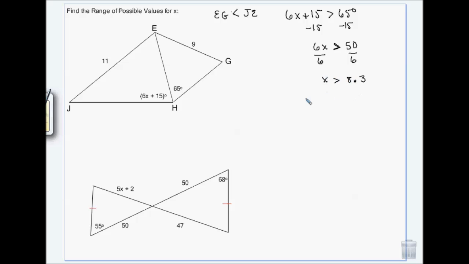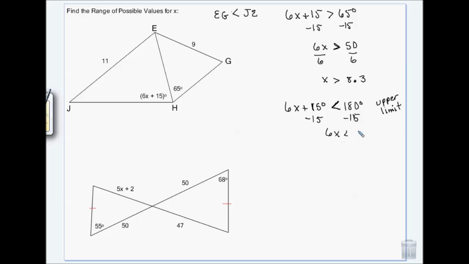That's what x is greater than, but we also have to know that this angle has to be less than 180. It's got a limit, right? It can't go on forever because triangles only have 180 degrees. So we have to give it an upper limit. Does that make sense? You can only turn around so much. So we're going to subtract 15 from both sides.